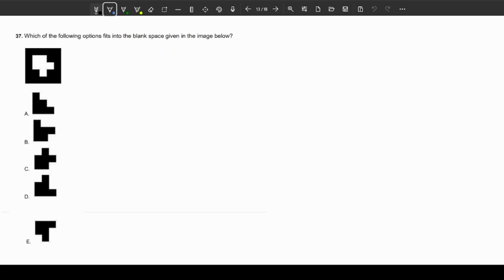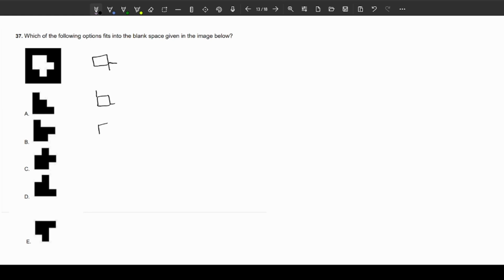Now we need to determine which option will fit into the blank space. All I can think of is there is a square and to one of the corners there are 2 extensions, right? Let's see if any other option has such positions. In option A, I see a square, but there is an extension of squares like this, which is not the same as the figure.